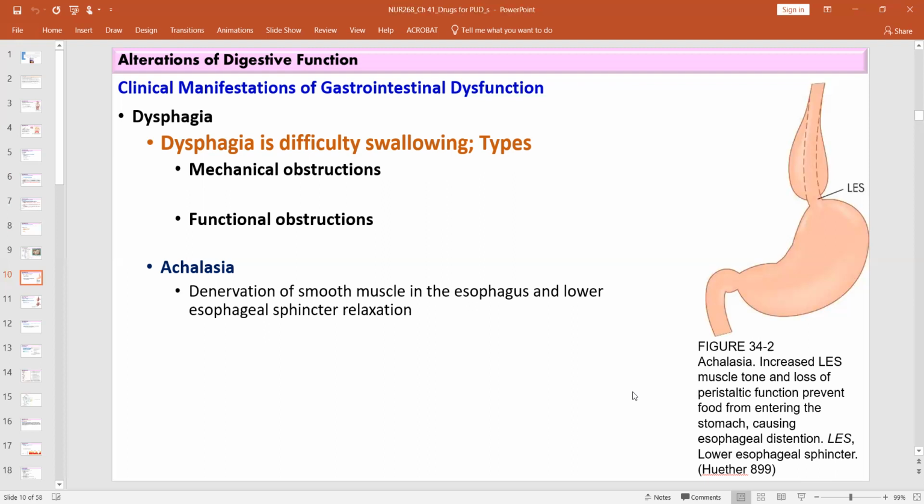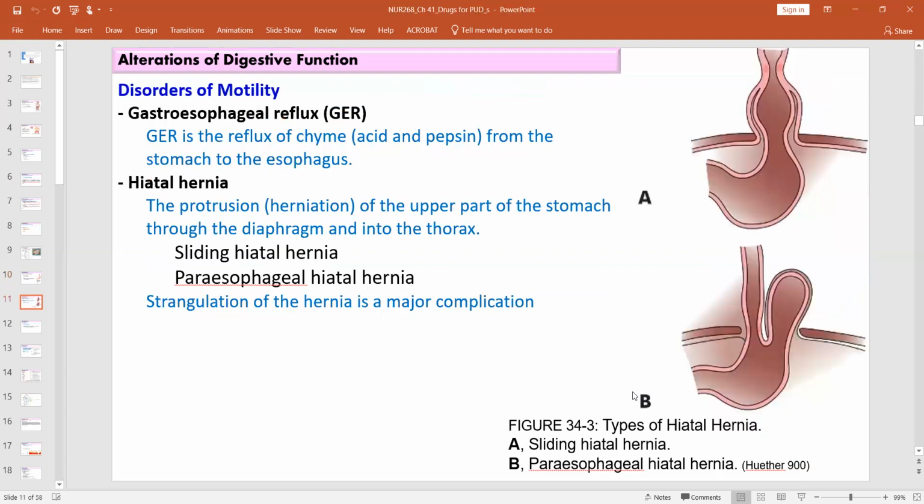The disrupted innervation of the smooth muscle results in a failure of the LES, or cardiac sphincter, to relax. The decreased relaxation of this sphincter after swallowing allows food to accumulate above the obstruction.